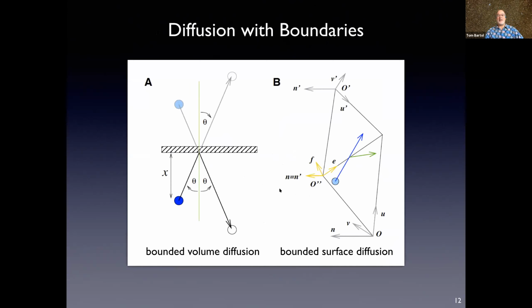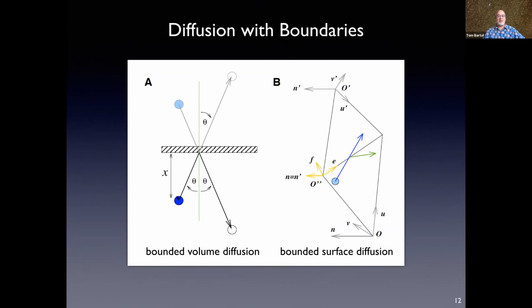How do we represent diffusion with those boundaries? Okay, so over here in panel A is the 3D case, and B shows the surface diffusion case. So let's talk about bounded volume diffusion. If we look at one of our triangle elements in side view, that's shown here in this hashed area, that's one of our triangles, and we're looking at it exactly on edge.